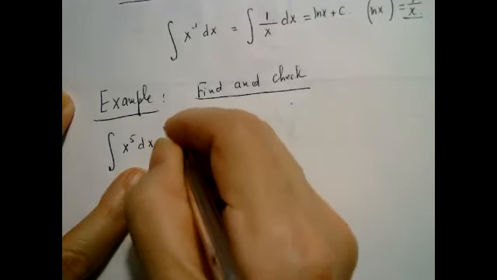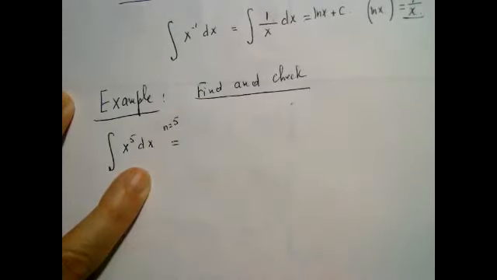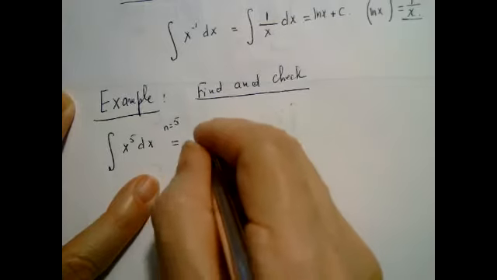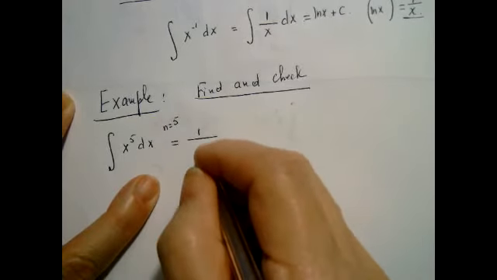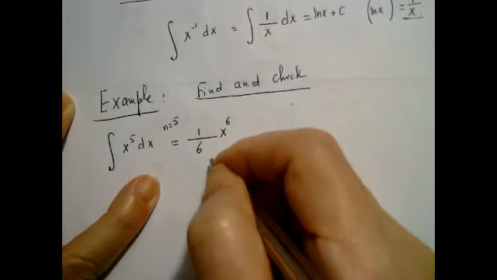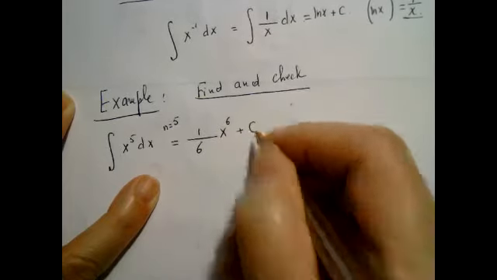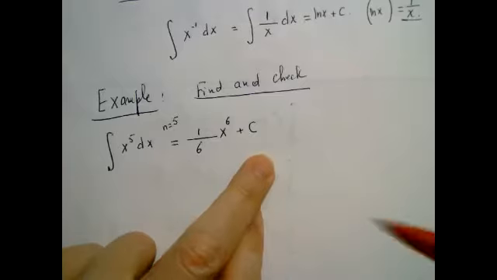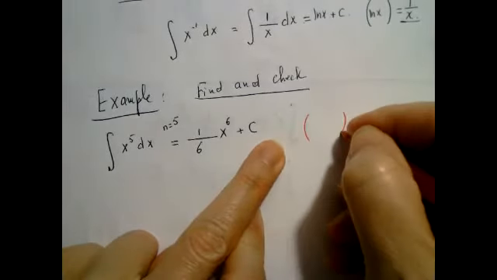Here my n is equal to 5, so it's going to give me 1 over n plus 1 times x to the n plus 1, plus c.